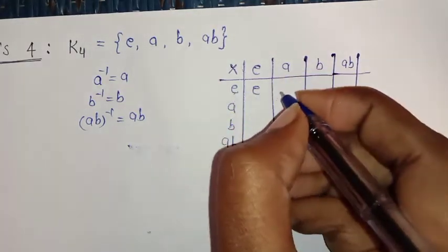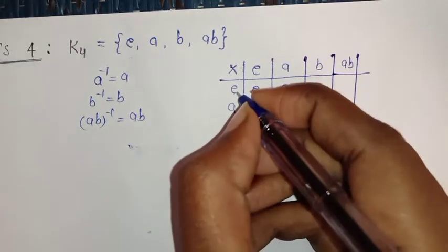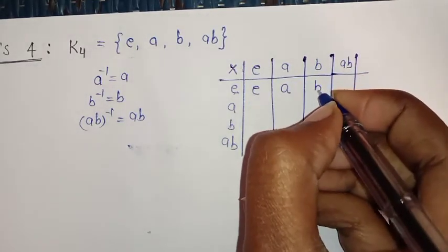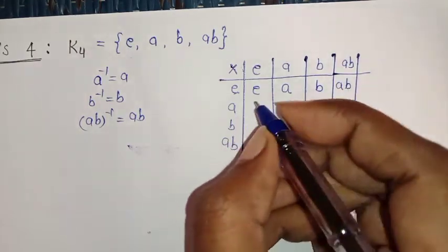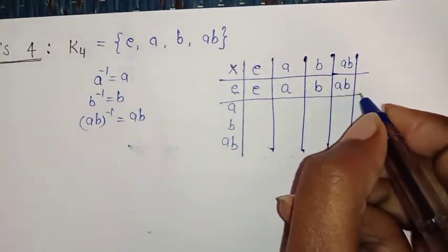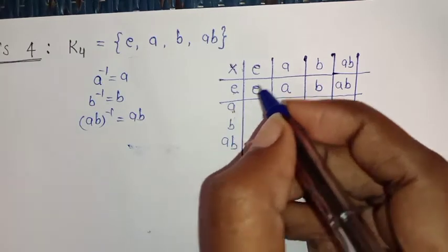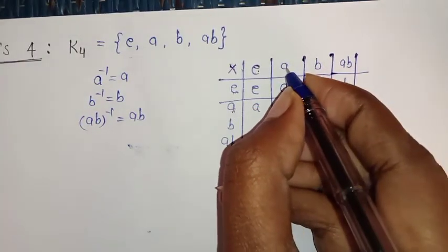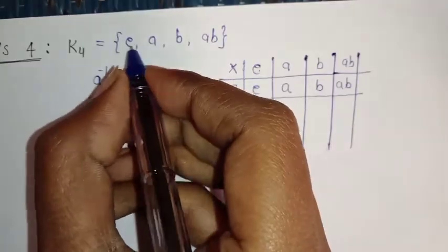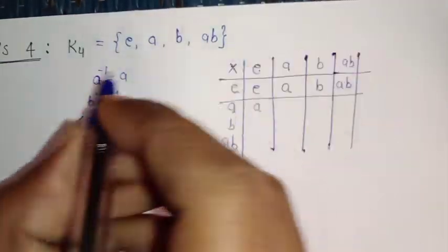So E multiplied by A gives me A, E multiplied by B gives B, E multiplied by AB gives me AB. Now we'll write our second row. So when A is multiplied by E, it gives me A. A multiplied by A. So I want to tell you that the order of each element in this group is 2.